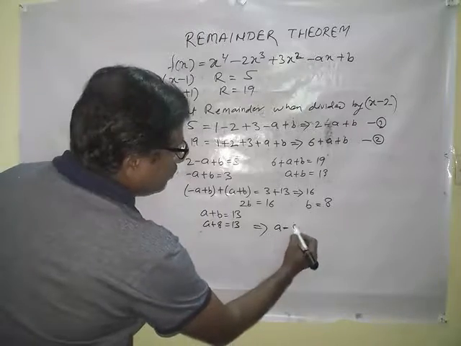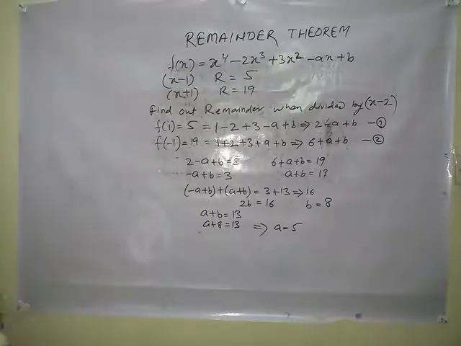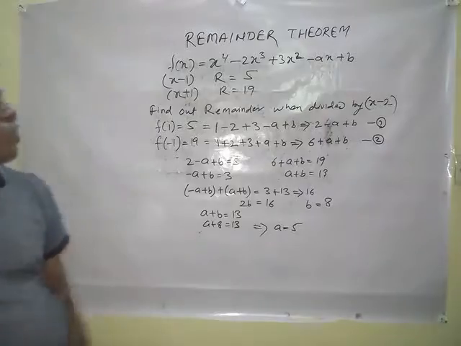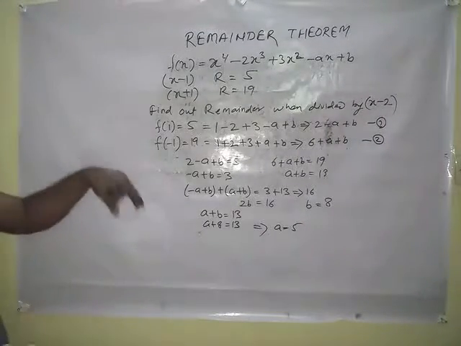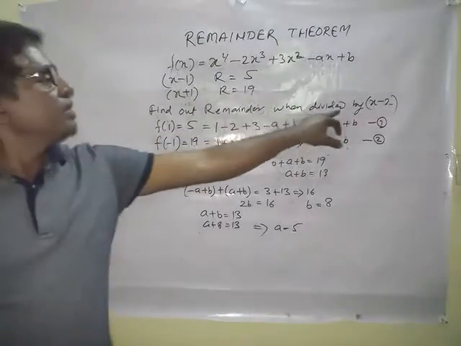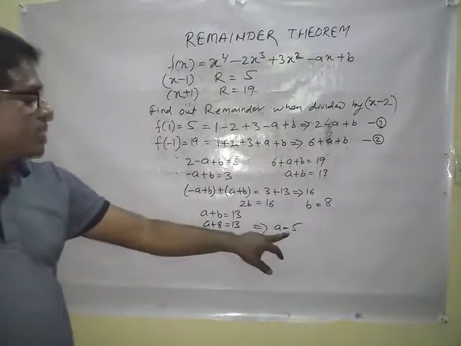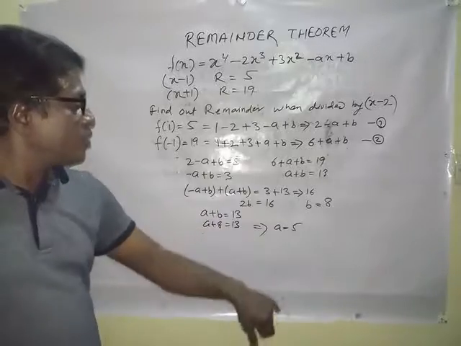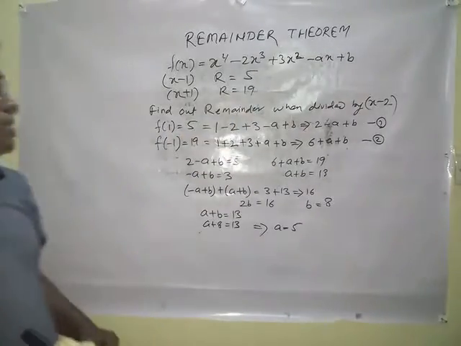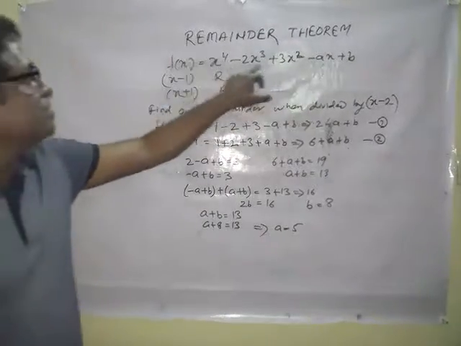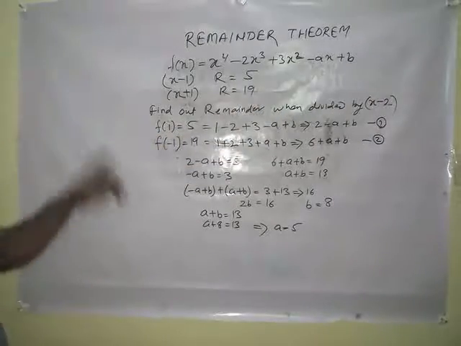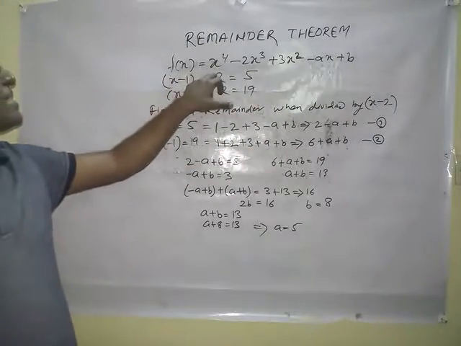So a is equal to 5. You got the value of b, you got the value of a. What have you been asked? Find out the remainder when divided by x minus 2. Now it is very easy to find the remainder because you can straight away apply the value of a here, value of b here. So that this equation will not have any other variable other than x.